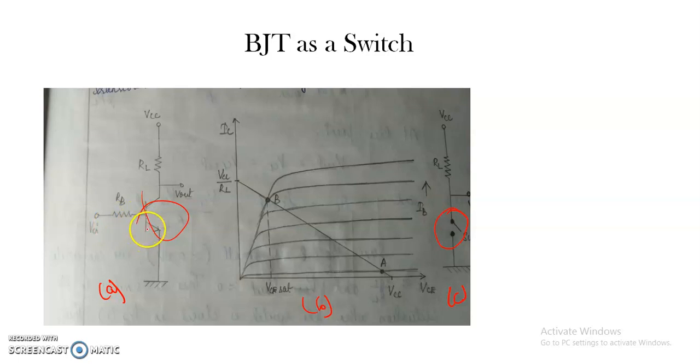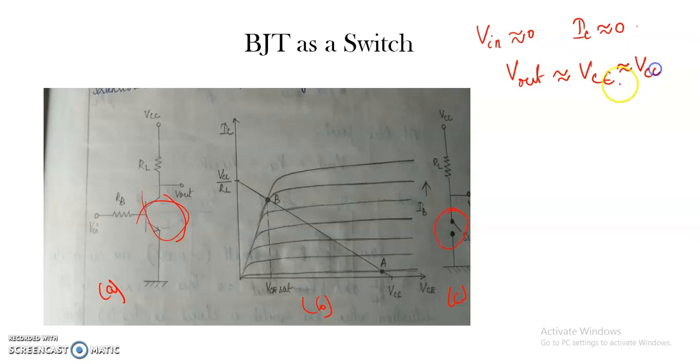When IC equals 0, there is no voltage drop across the load, so Vout is equal to the potential difference VCE, which is approximately equal to VCC.